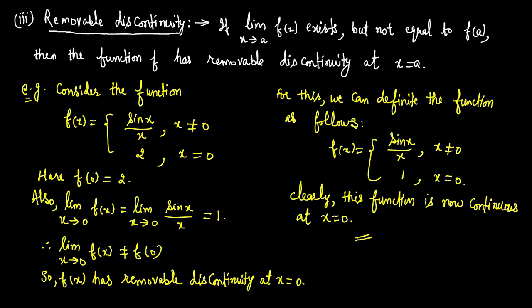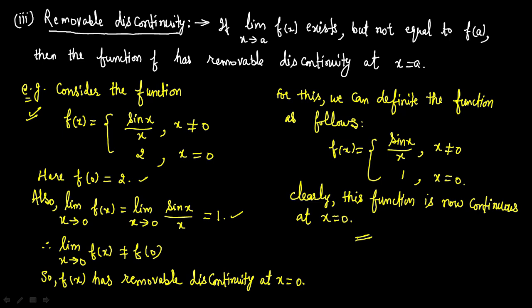Again, for the explanation, I have taken this example. Consider the function f(x) equal to sin x by x when x is not equal to 0, and 2 when x is equal to 0. So you can look here that f(0) is equal to 2. And when you compute the limit x approaching 0 f(x), you get the answer 1 because it is the standard limit, limit x approaching 0 sin x by x. You can compute it by L'Hopital rule because if you solve this limit, you get 0 by 0, which is an indeterminate form.